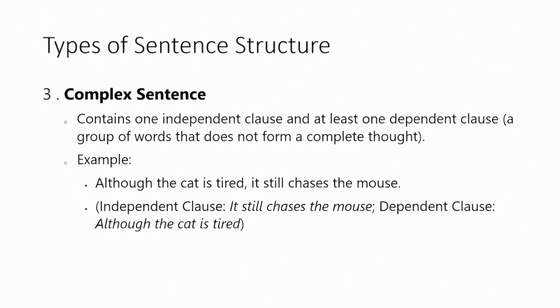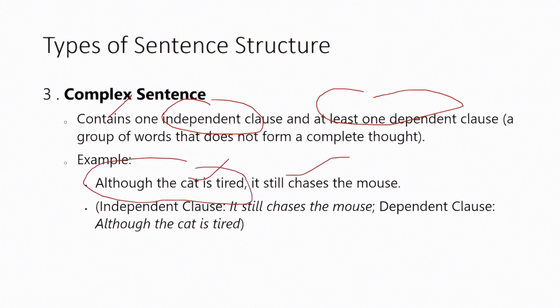A complex sentence contains one independent clause and at least one dependent clause. For example, although the cat is tired, it still chases a mouse. Although: so a condition. What is the condition of the cat? It is tired, but it still chases a mouse.